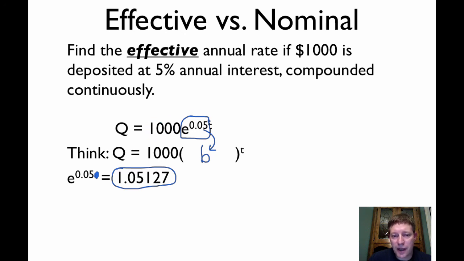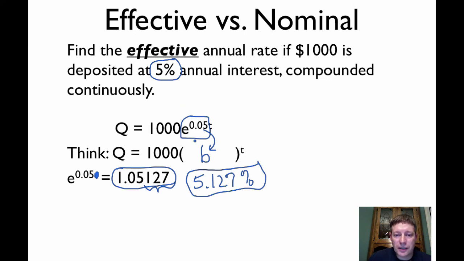What's happening to that is right here. This is what is going to be done to that 1,000 or any other number that's there. So e to the 0.05 power turns out to be 1.05127. And notice it's a little bit bigger than the name. The name of this interest rate was 5%. But what you effectively get is 5.127%.